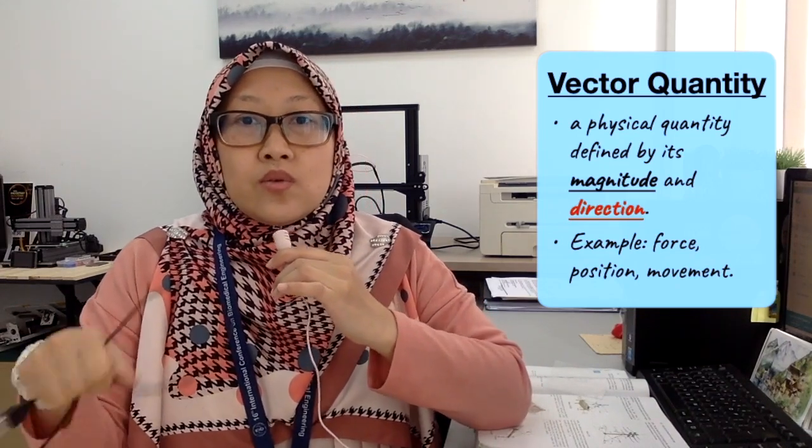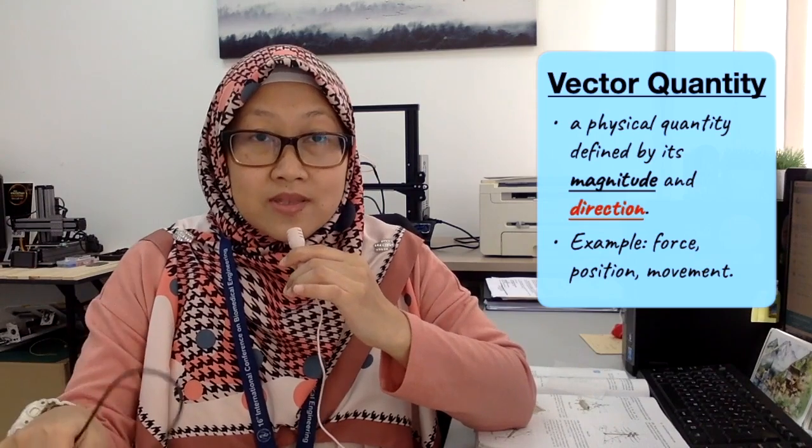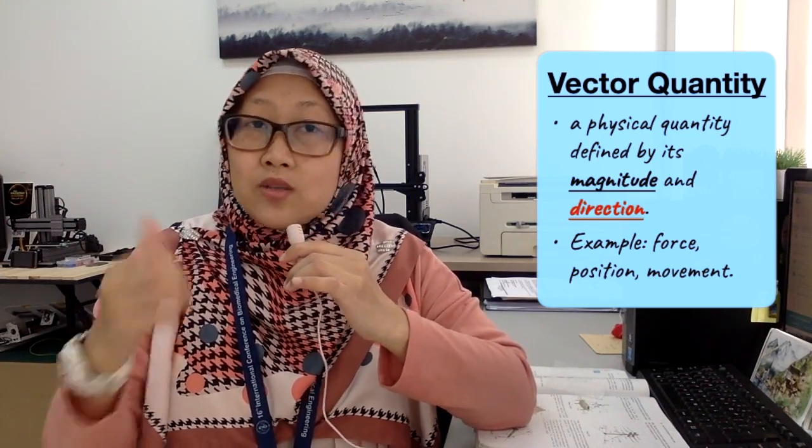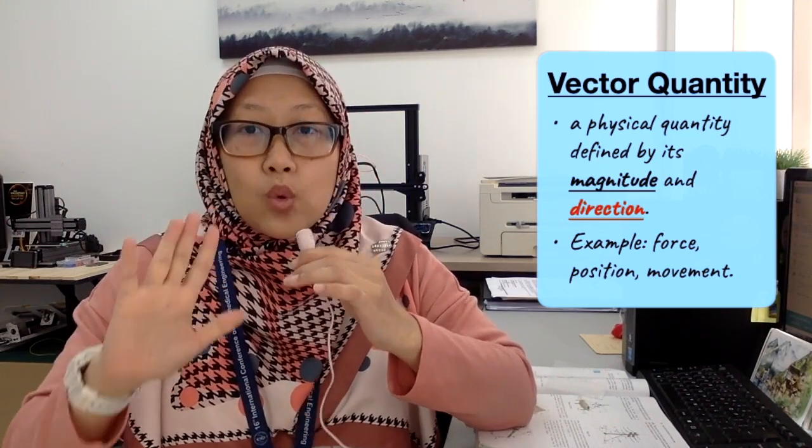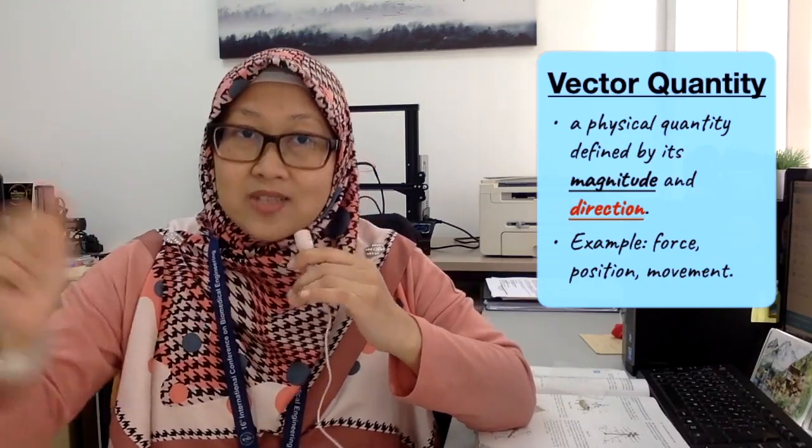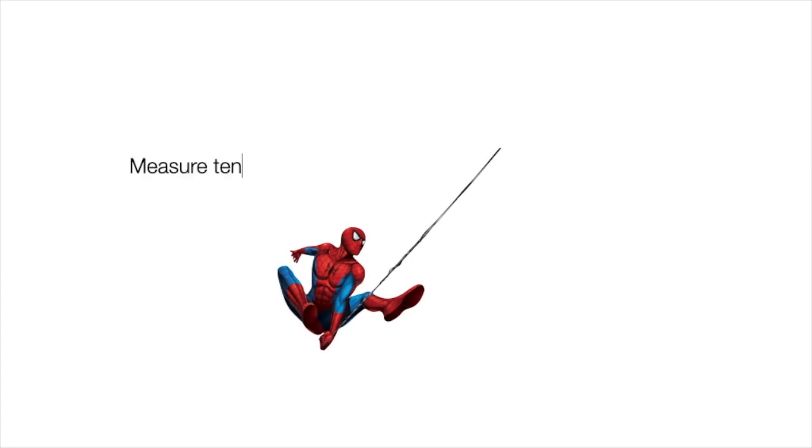Okay, so vector, again, I would like to emphasize, it is defined by not only the magnitude but also the direction of the vector. I love to use the example of a hanging Spider-Man in illustrating the concept of vector. Let's say if we want to measure the tension force of the spider web, we know that force is a kind of vector.